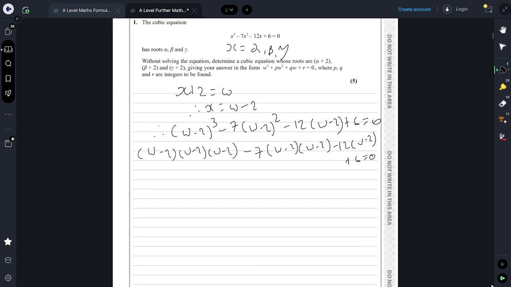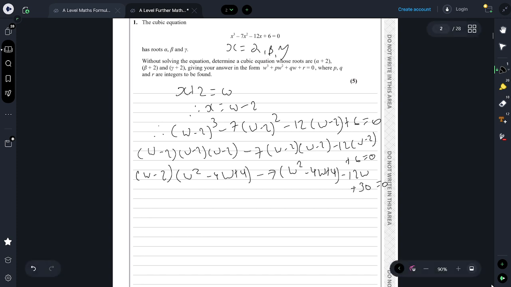So w minus 2, and let's expand this. So (w squared minus 2w minus 4w plus 4), minus 7 of, again, (w squared minus 4w plus 4), minus 12w plus 24, plus 6, that will be plus 30, equals 0.